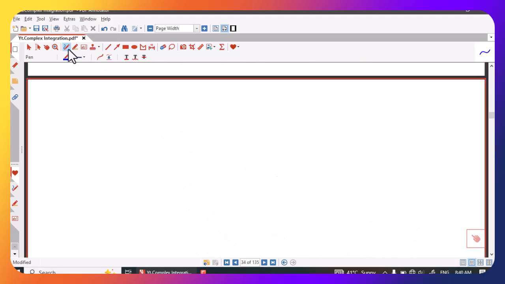So let me write here. Therefore the given contour integral is z minus z0 to the power n dz.